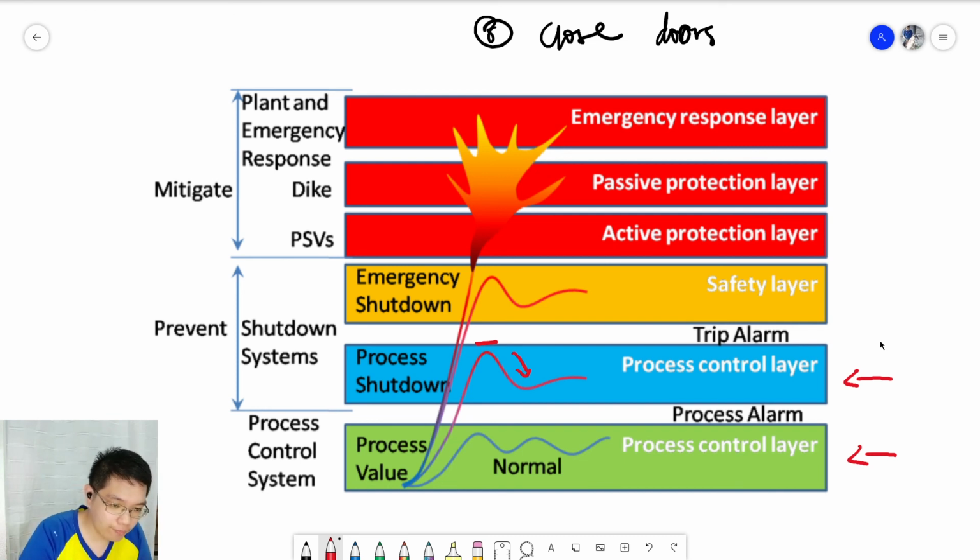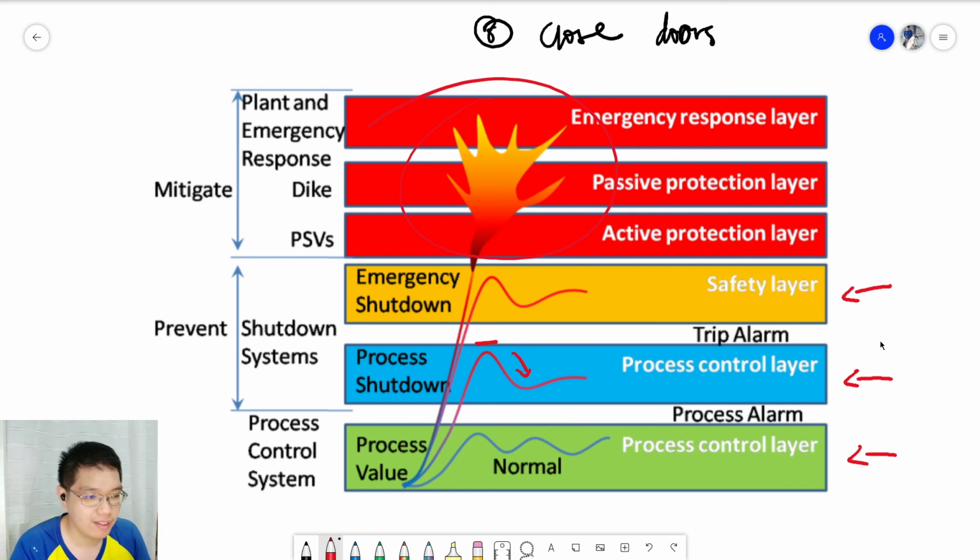Or if the failure has not been detected in time and a mishap is about to occur, then in order to keep the system safe and to keep everyone in the plant safe, emergency shutdown has to be done in order to prevent an absolute outbreak, which is, well, undesirable.